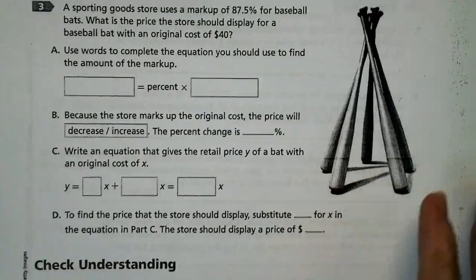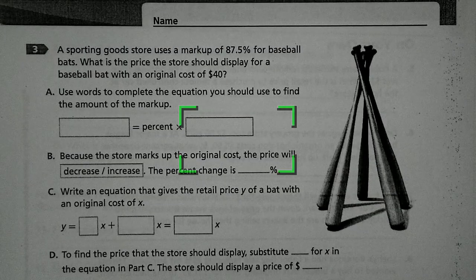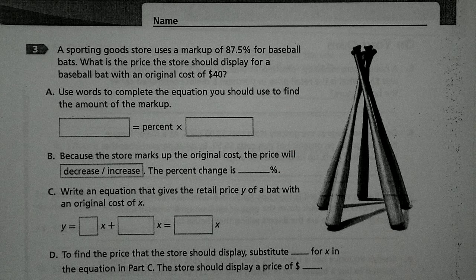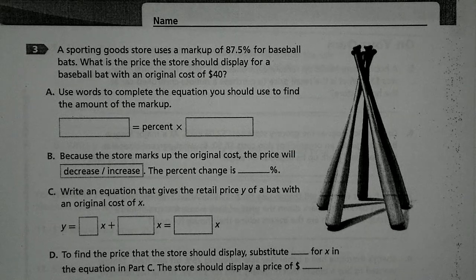All right, so the last one, number 3. A sporting goods store uses a markup of 87 5/10% for baseball bats. What is the price the store should display for a baseball bat with an original cost of $40? So use the words to complete the equation you should use to find the amount of markup.